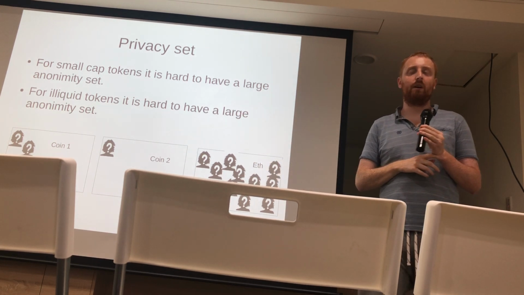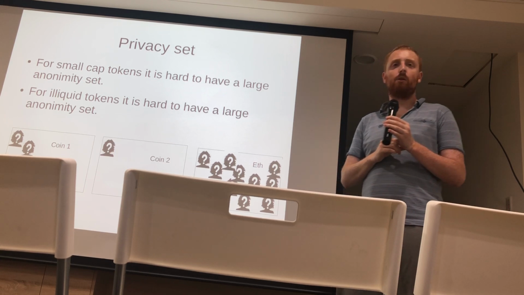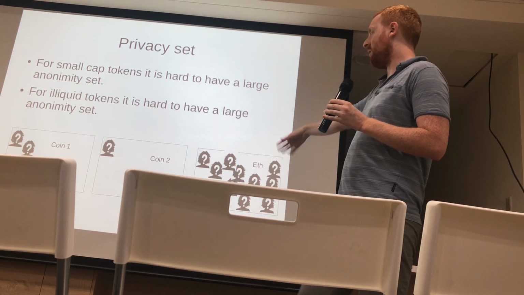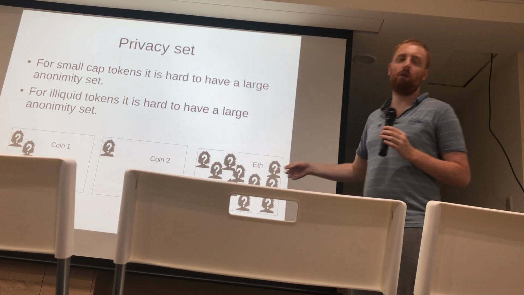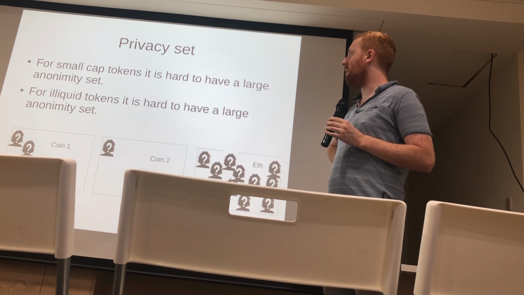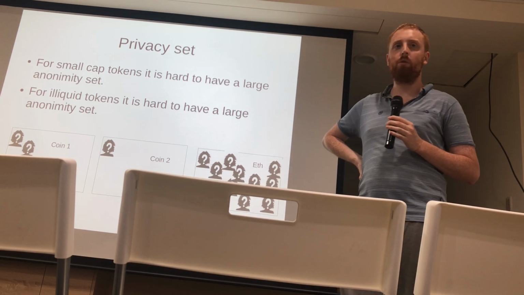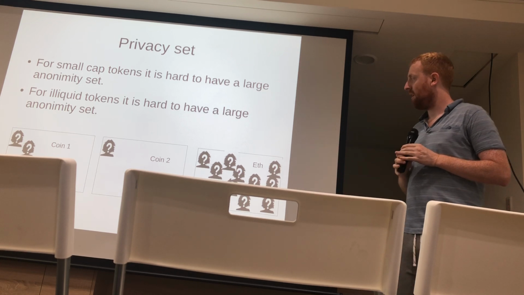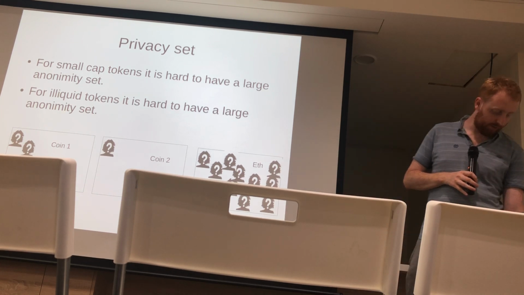These tokens are illiquid and not a lot of people hold them, so it's difficult for them to have privacy. But we have other tokens like ETH that a lot of people hold, or comparatively a lot of people hold. So for small cap tokens and for illiquid tokens, it's really difficult to have good privacy. So how can we overcome this?